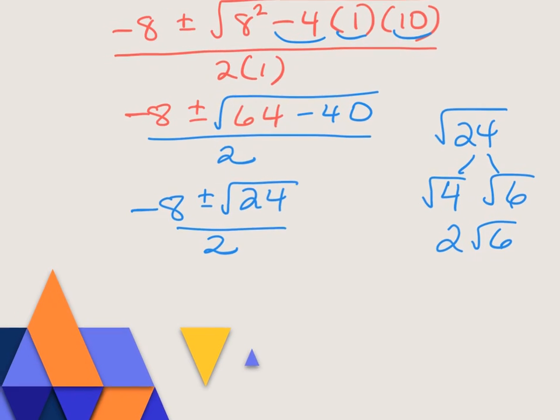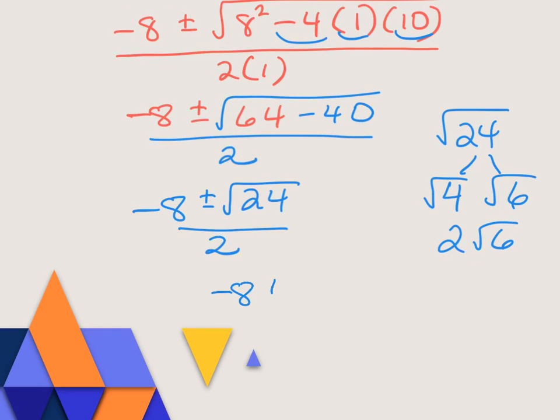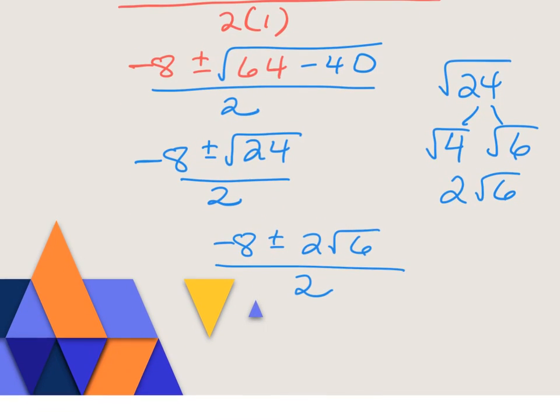So now I've got negative 8 plus or minus 2 square root of 6 over 2. Now I can simplify. This will reduce to a 1, and a 4. Final answer, negative 4 plus or minus the square root of 6, and this is x equals.